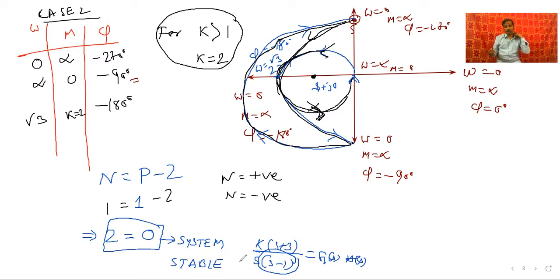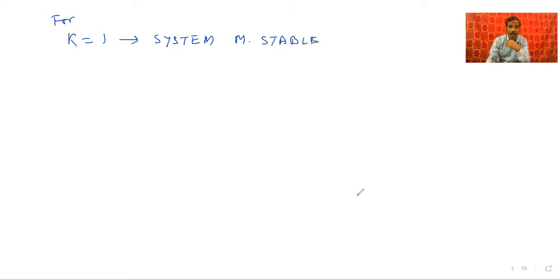So what is the conclusion? When k equals 1, the system is marginally stable.